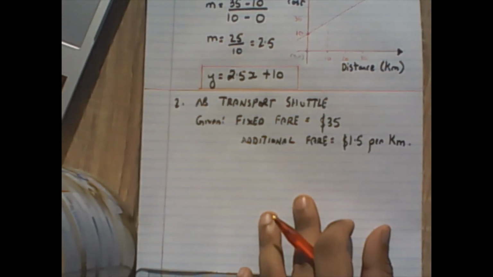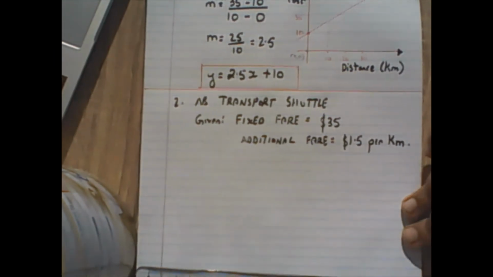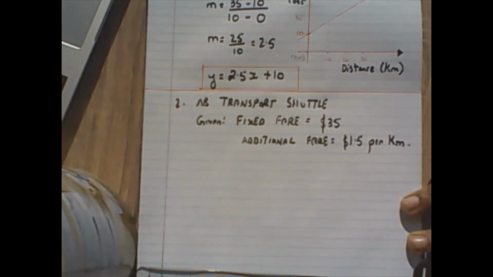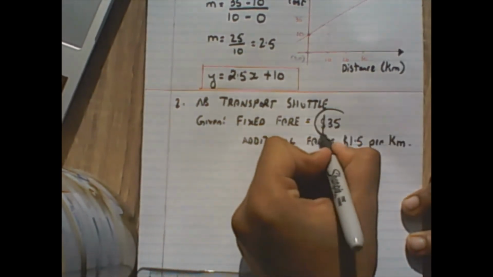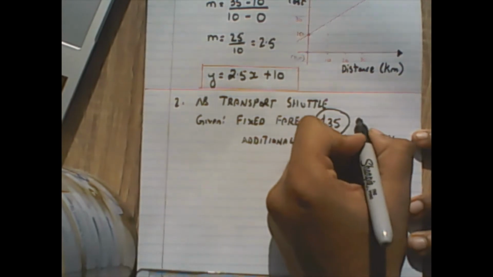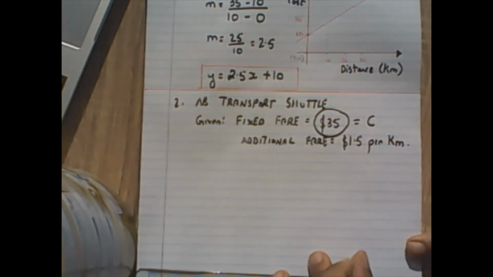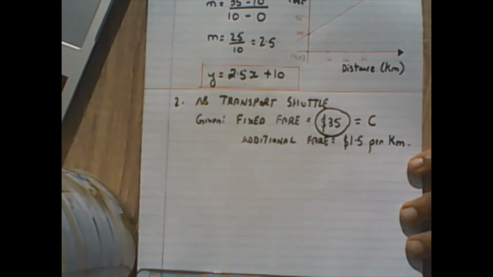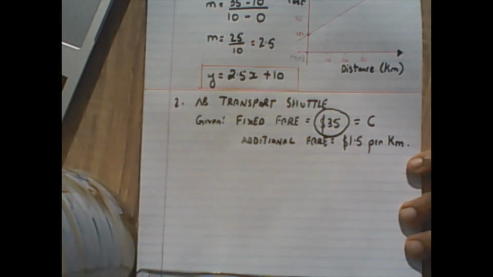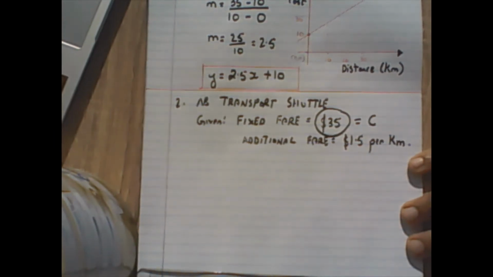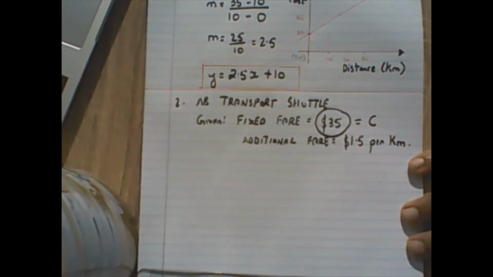This is pretty straightforward. When I look at this, the first thing I notice is my fixed charge, which is $35. It is nothing but equivalent to my y-intercept, because regardless of whether I go 0 kilometers or 100 kilometers, I still need to pay $35. That means when my x is 0, my y is still 35. So my c is $35.